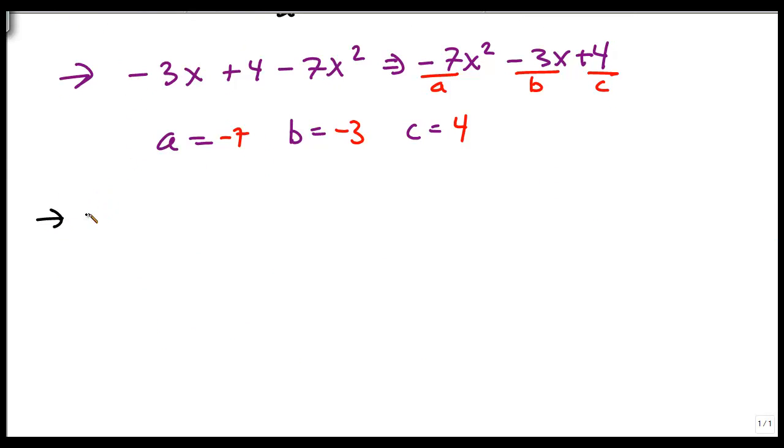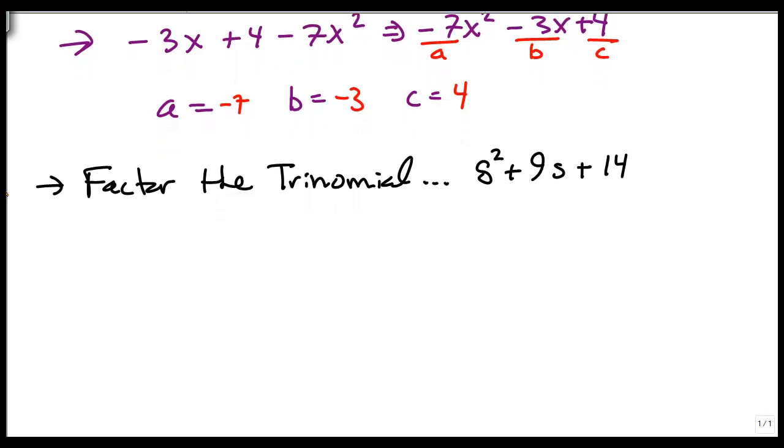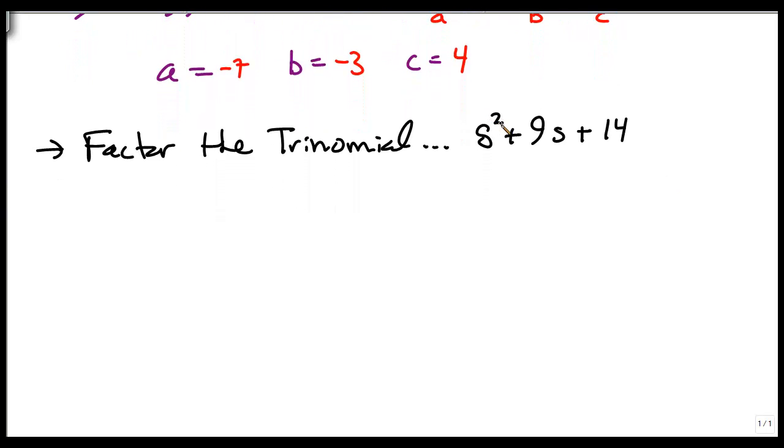And let's go ahead and just look at factoring the trinomial. So factor the trinomial s squared plus 9s plus 14. Okay, so it's already in order. Highest power is squared, goes down to constant.